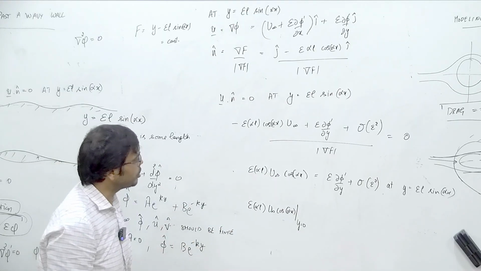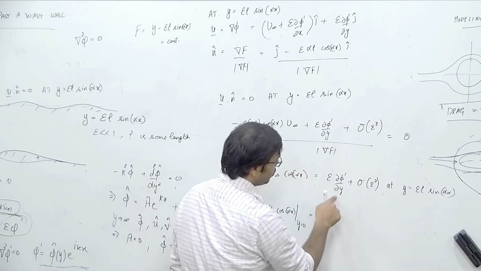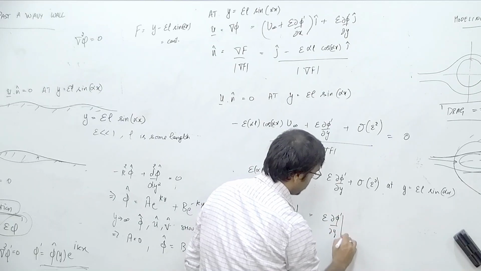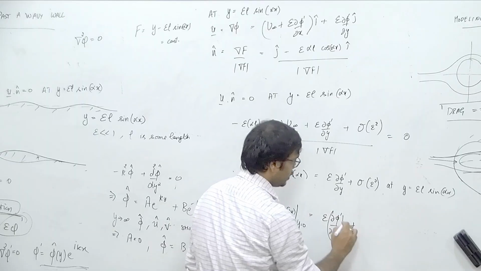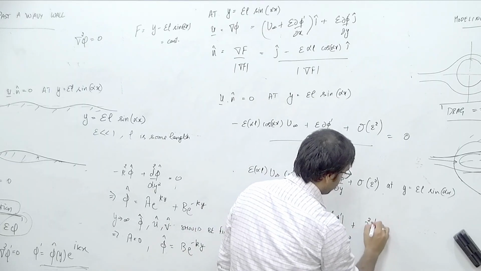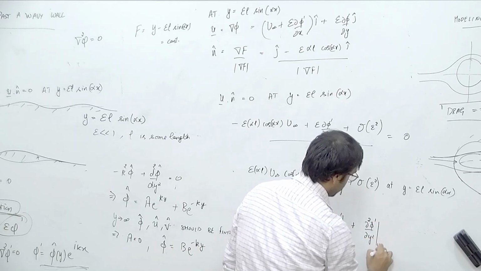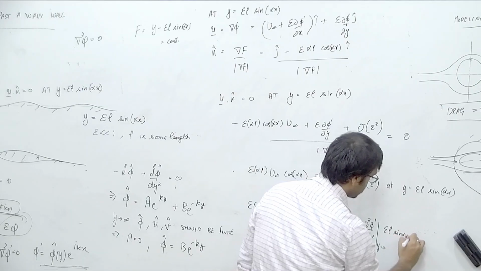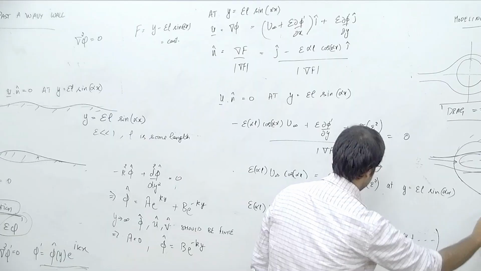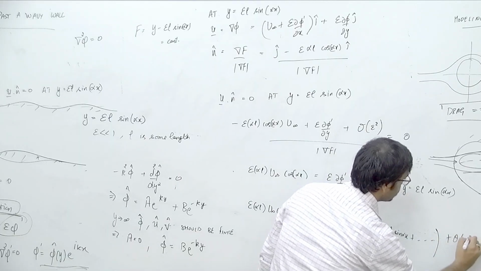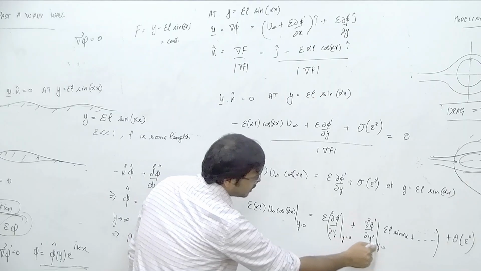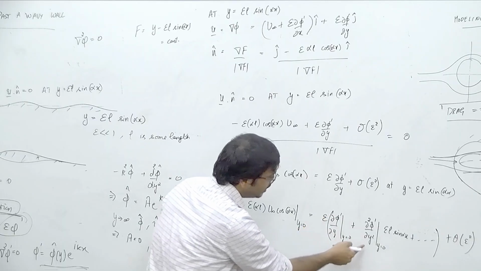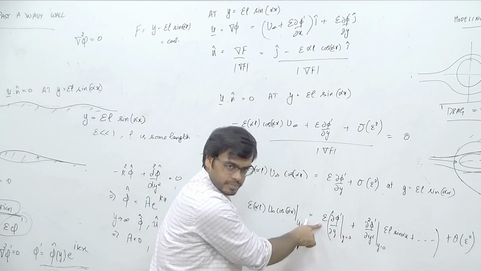So we apply the Taylor series: del phi prime by del y at y equal to 0, plus del 2 phi prime by del y square at y equal to 0 times epsilon L sine alpha x, plus so on. And now you see that this higher order term, due to y being slightly different from y equal to 0, is actually an order epsilon squared term.